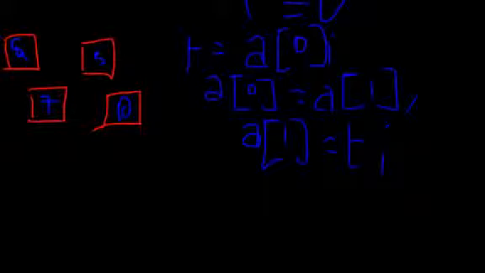Now A1 is being rewritten as T. So A1 gets completely rubbed off here, and what gets rewritten here? T. What's T? T is just nothing but 4. So what have we done? We've swapped these two. They've interchanged places. So that, my friends, was the swapping logic.